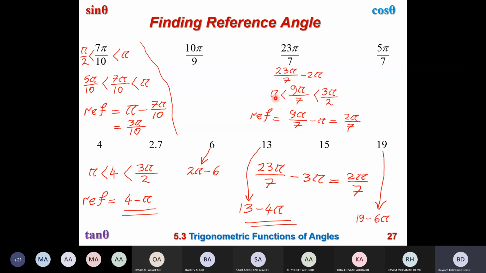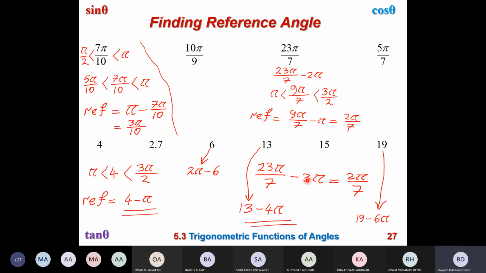Now you are sure that this angle is in the third quadrant. So how did we find the reference in the third quadrant? Well, 9 pi over 7 minus pi, which is 2 pi over 7. Of course, there is a direct way.